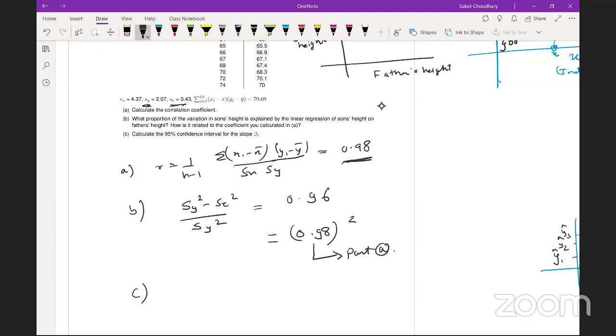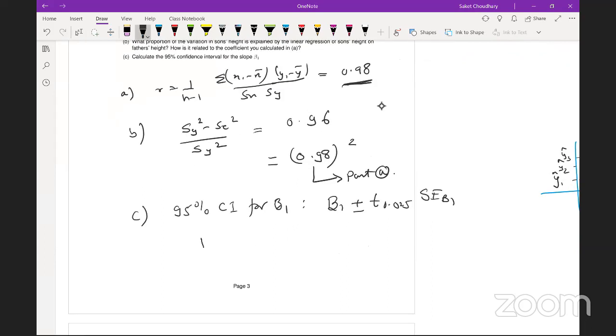And finally, we have the 95% confidence interval for beta 1. This is given by beta 1 value plus minus t 0.025 times standard error of beta 1. We don't have the value of beta 1 yet, but it is given by sy by sx.